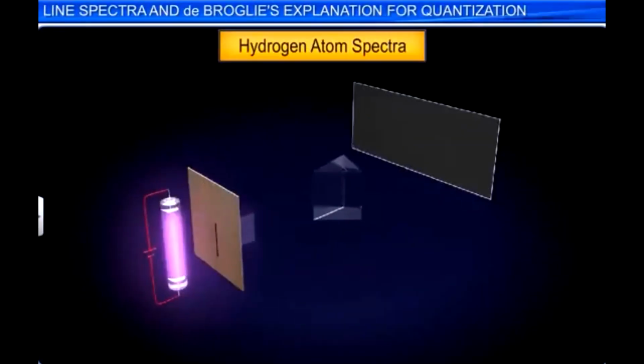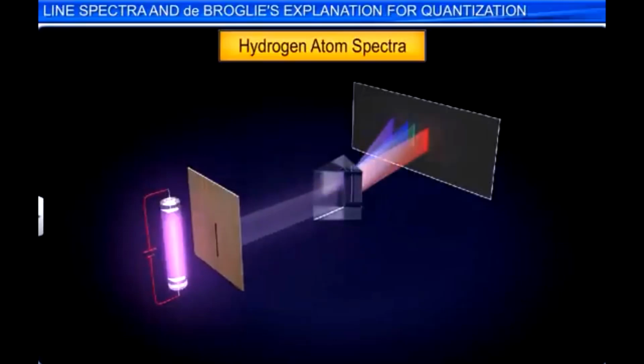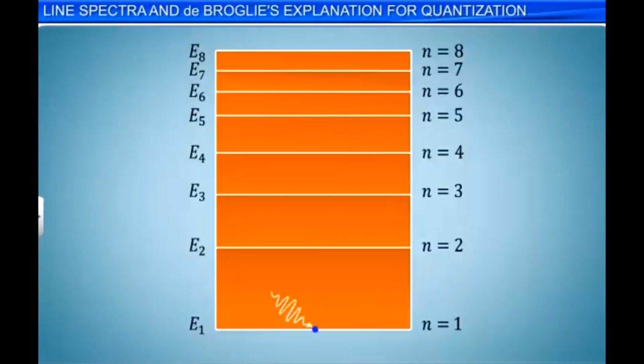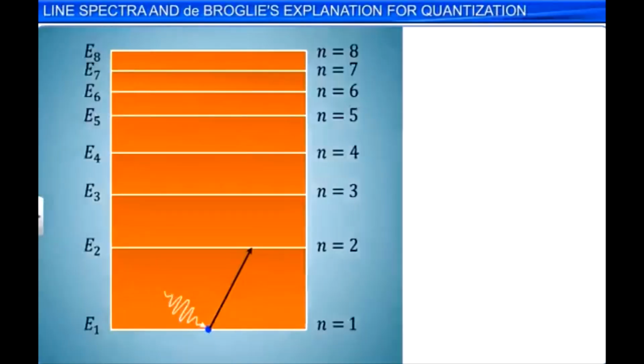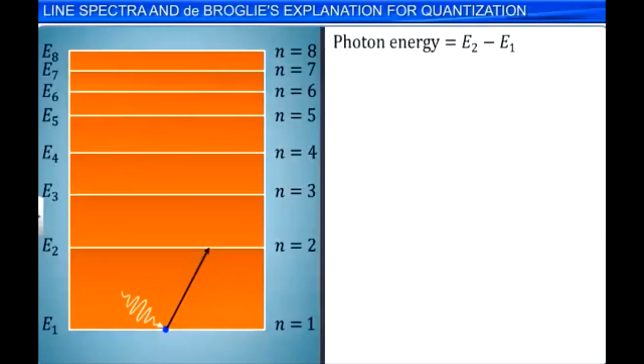The spectra of the hydrogen atom was explained by the third postulate of Niels Bohr. We know that when an electron in a lower energy level with principal quantum number n1 absorbs energy from a photon, it jumps to a higher energy level, such that the photon energy will be equal to E2 minus E1, where E2 is the energy of the level corresponding to n2 and E1 is the energy corresponding to n1.